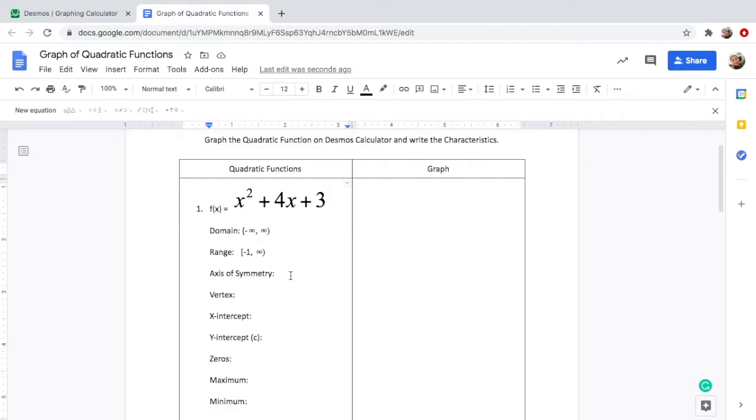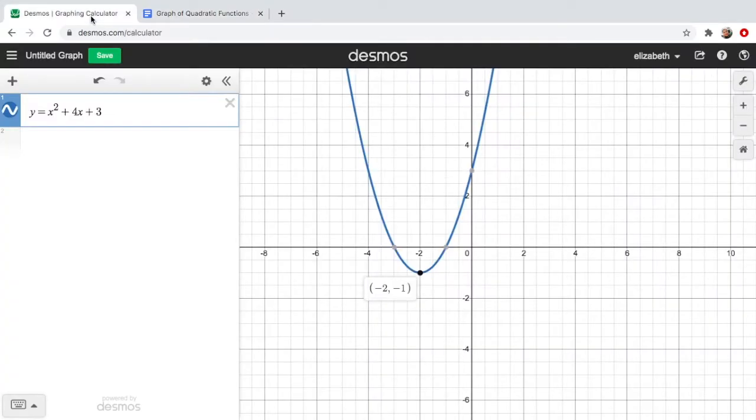How about the axis of symmetry or the AOS? The axis of symmetry can be found at the vertex, and that is a vertical line that passes through the vertex, and that is where the line passes through the x-axis, which is -2. As you can see, the vertex is -2 and -1, and the axis of symmetry is the line that passes through the vertex at -2.